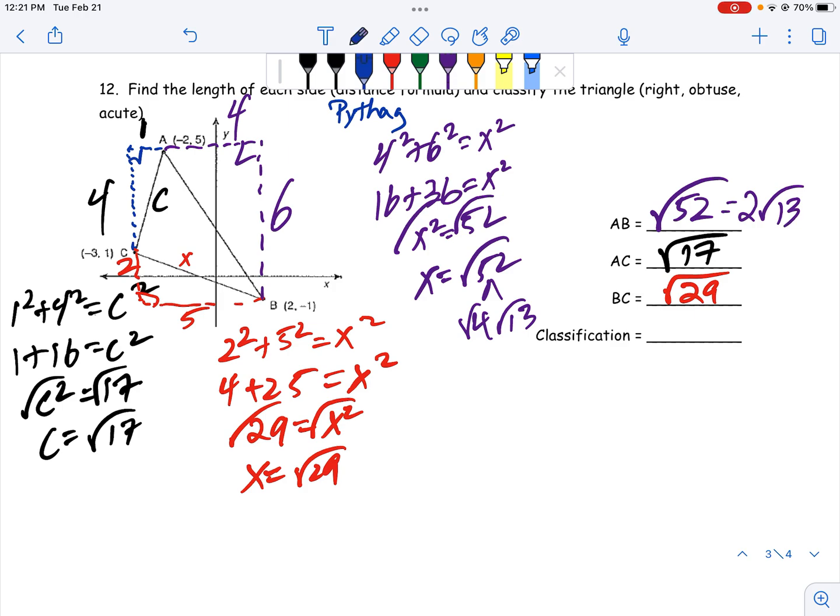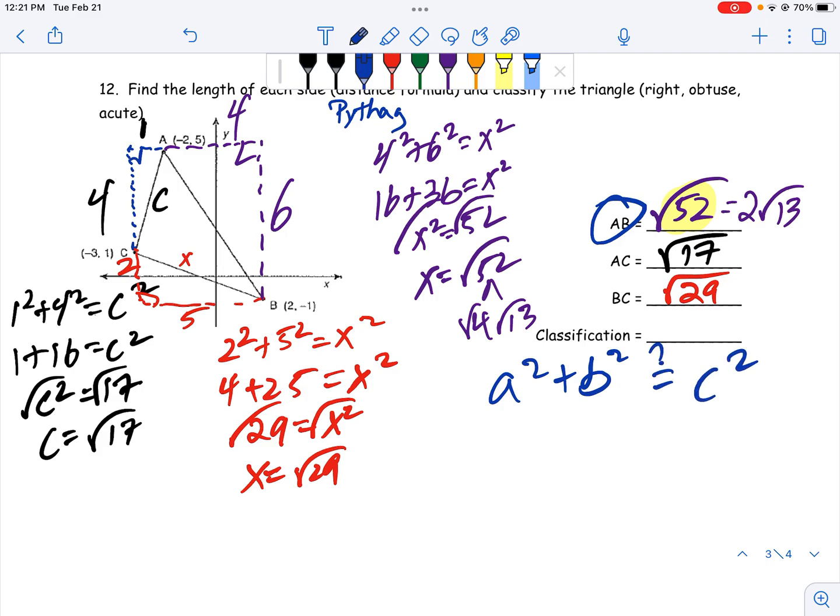All right, classification now. The biggest side or the longest side is my AB. Now, how do I know that? I know that because the number underneath the square root is a 52, and that is the largest number. All right, since that is my largest number, I got to do a squared plus b squared, and what is that to c squared?